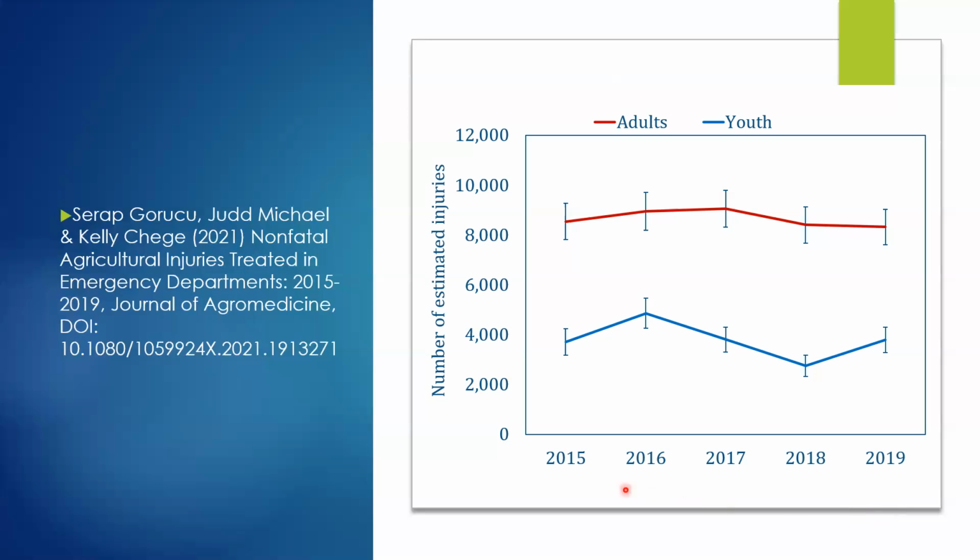The yearly distribution of estimated agricultural injuries to youth and adults is shown in this graph. Approximately one third of the injuries were to youth under 18. On average, every year, more than 12,000 people were injured in agricultural-related incidents.